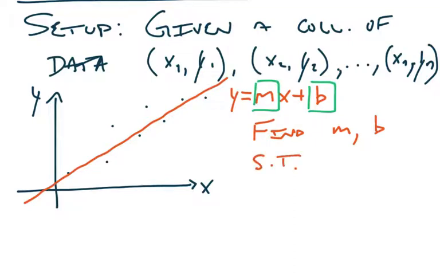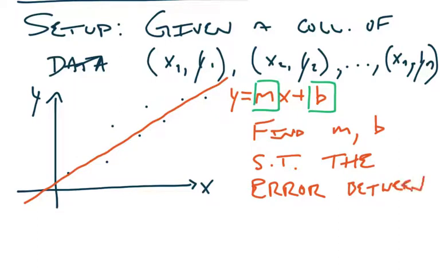such that the error between the actual observed data, which are those x1, y1s, x2, y2s, and so on, so the error between the data and the line is minimized.